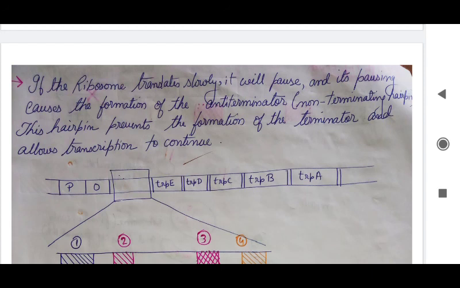It will translate, and thus it will synthesize the tryptophan.